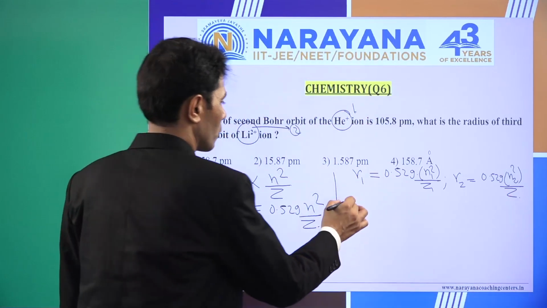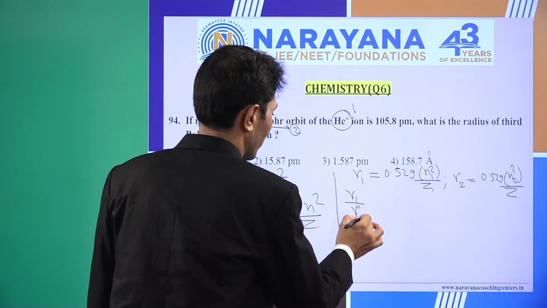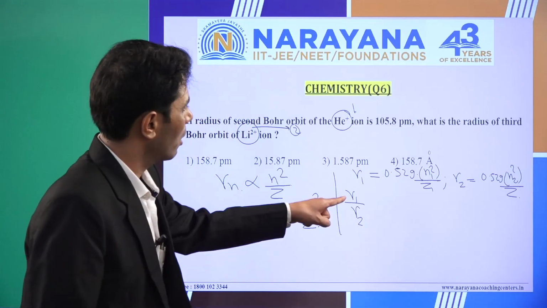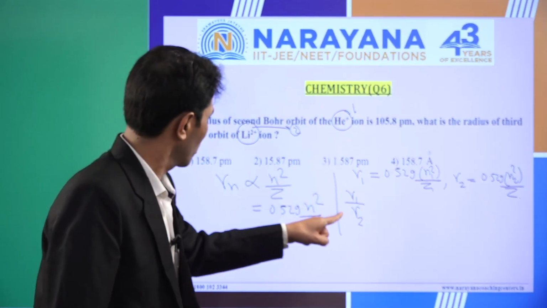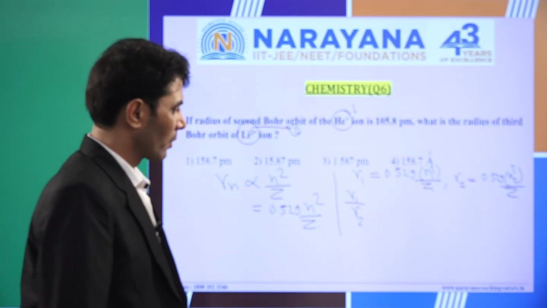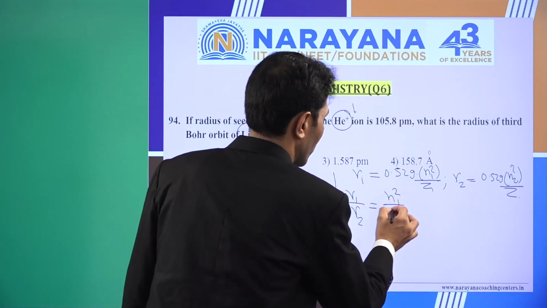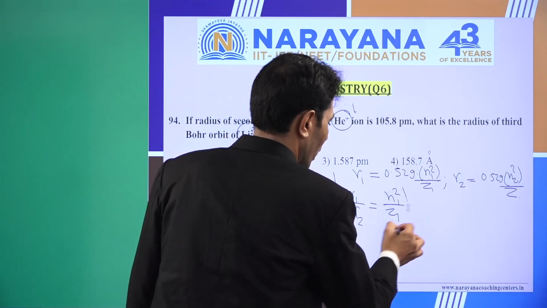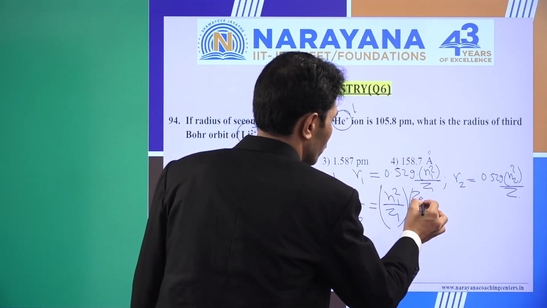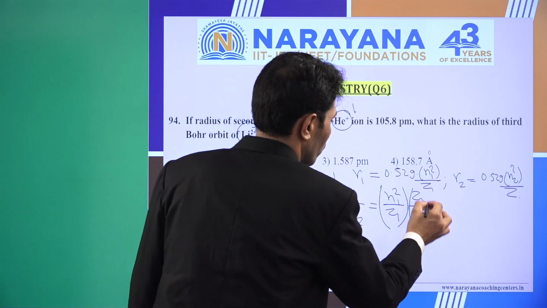If I divide these two, R of helium ion divided by R of lithium, we will get n1 square by Z1 and Z2 by n2 square.